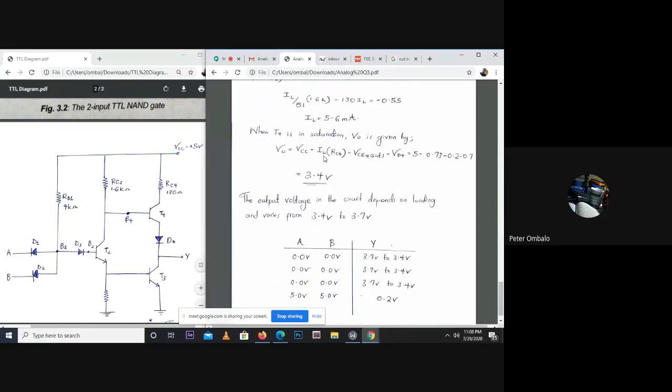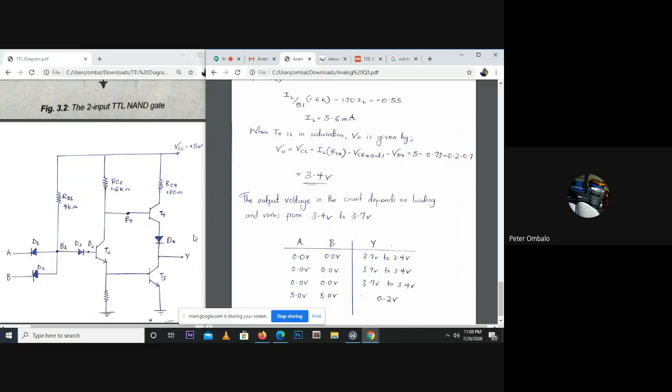From the equation that we had earlier, V naught is going to be the voltage at the supply minus all the drops. So VCC minus the drop at the resistor, minus the drop at the transistor, remember T4 is in saturation, and then minus the drop at the diode D4. If we do that, we get 3.4 volts.